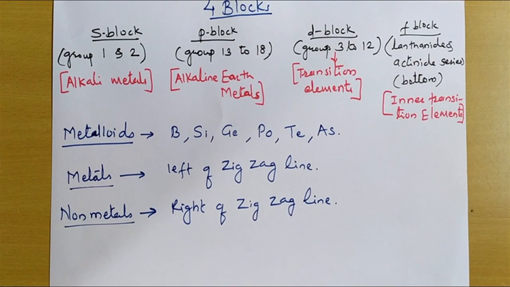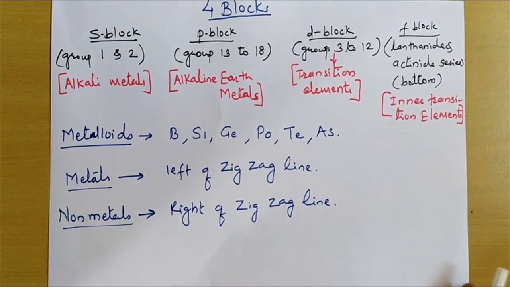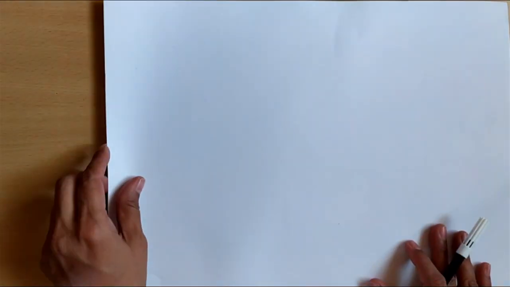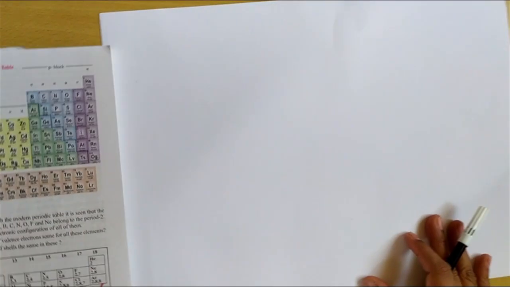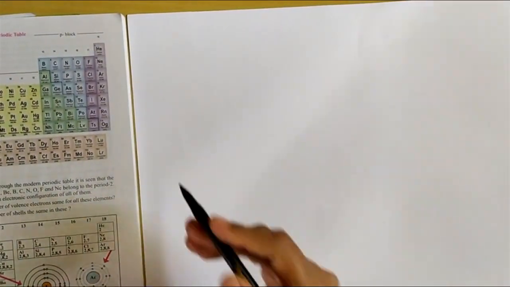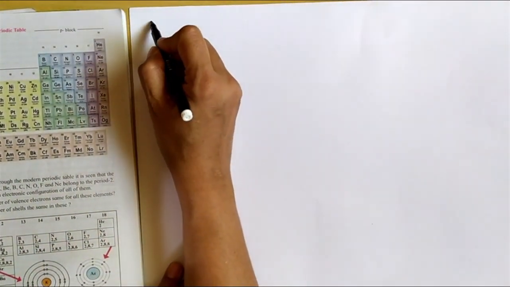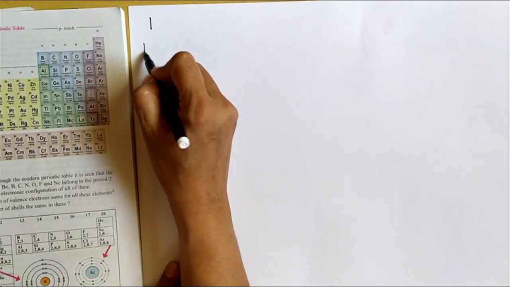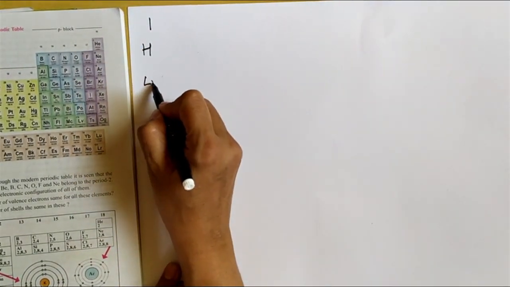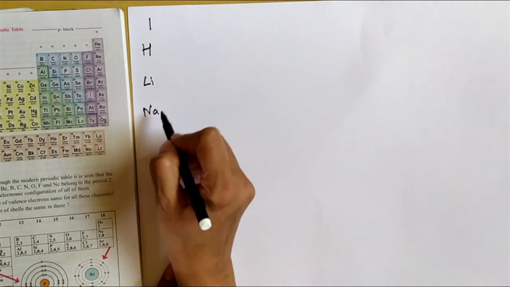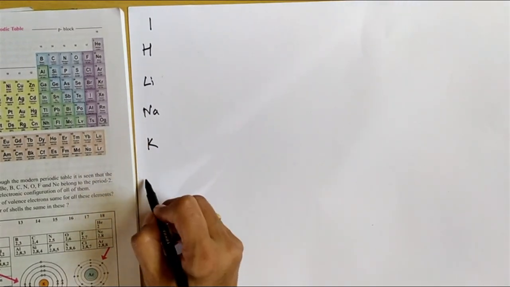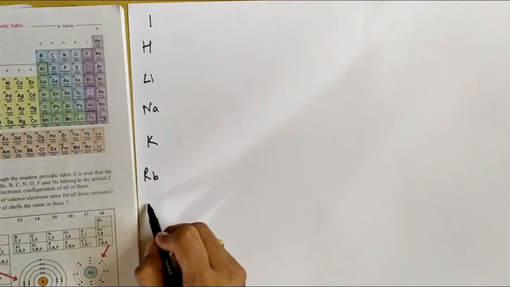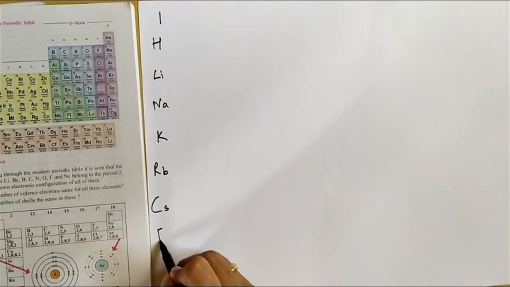Okay. Now let us see the electronic configuration of the elements in the periodic table. If we take group 1, which are the elements in group 1? We are considering group 1: hydrogen, lithium, sodium, potassium, rubidium, calcium and francium.